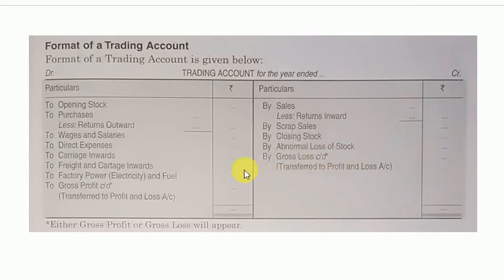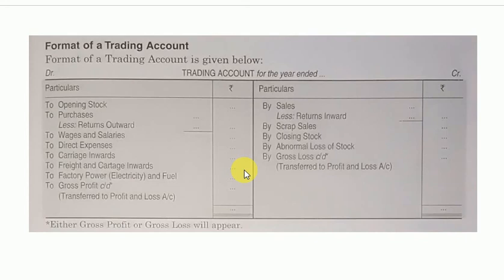So after this statement or format, I hope you have understood the concept of trading account. Trading account is a statement which records the total purchases and sales, direct expenses or manufacturing expenses and incomes in an organization. This trading account will not record any indirect expenses or income of the concern.